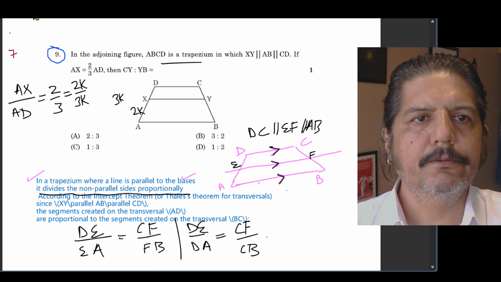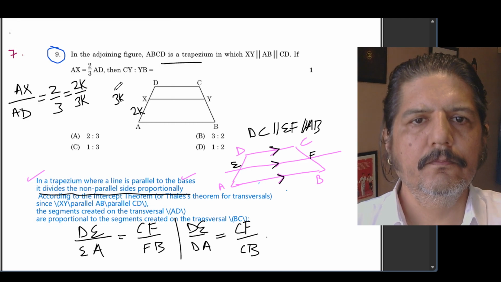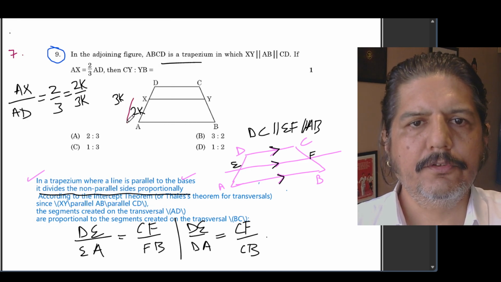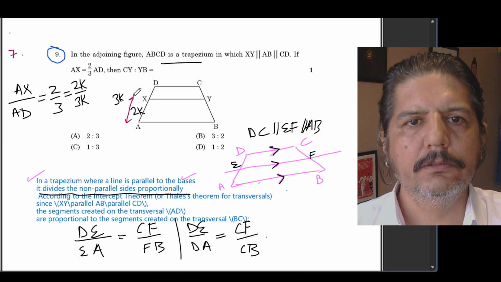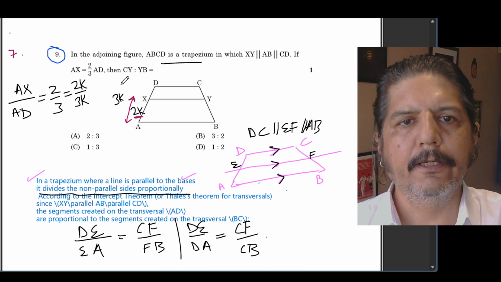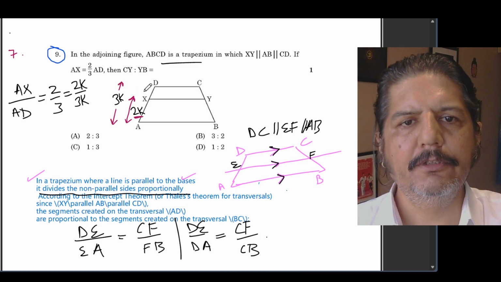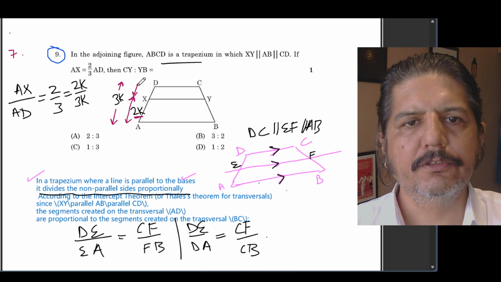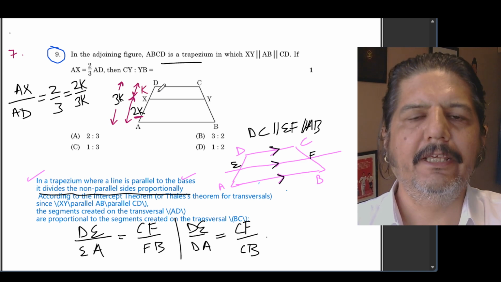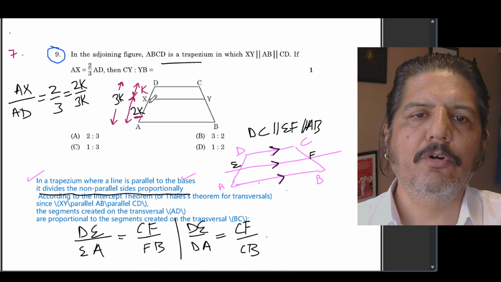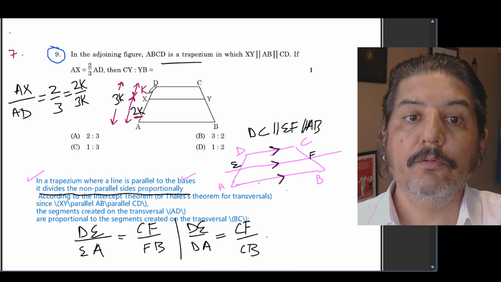What I have done is this AX has become 2K and the whole of this AD has become 3K. Therefore, this would be K. So the ratio of DX upon XA is 1/2.